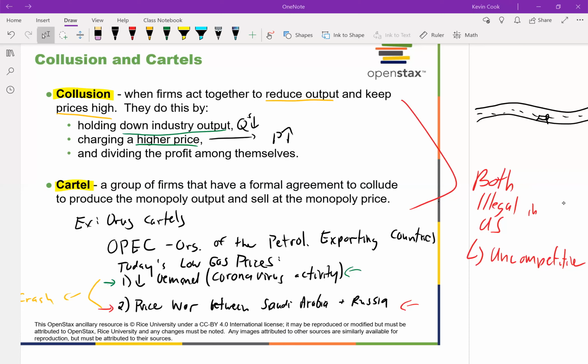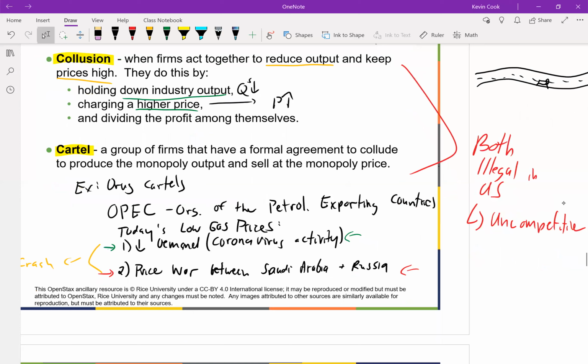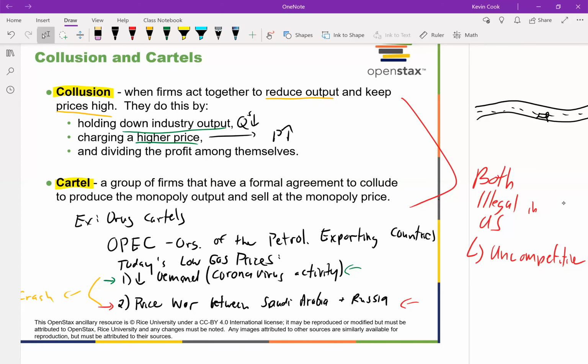Although it may be on the other side of the deal, it's collusion because you have to compete, and we don't like collusion. I don't believe it's legal in Mexico.